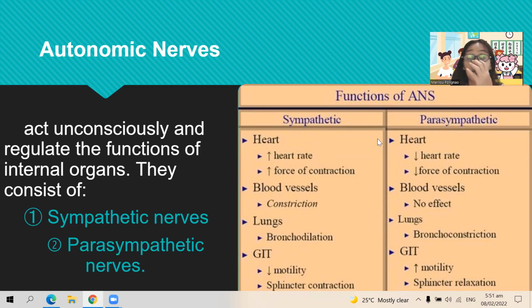So, yan po yung mga, pag ikaw ay sympathetic nerve, may tendency magkaroon ng pulse rate increase. Okay? Ang sympathetic nerves po, ayan ang pulse rate increase.